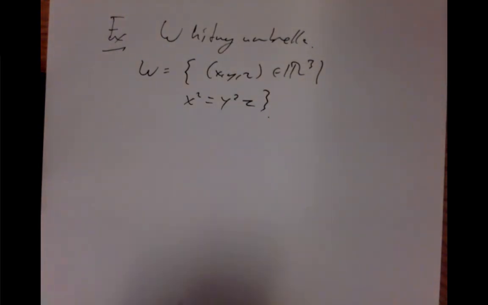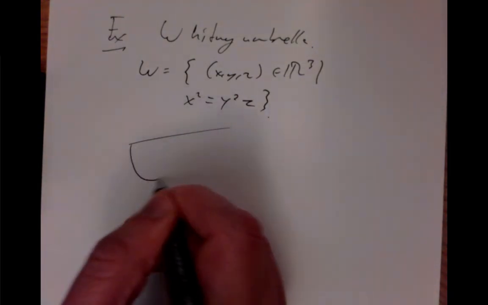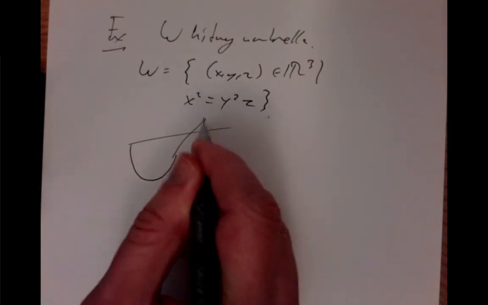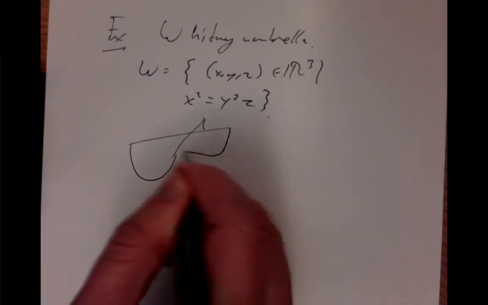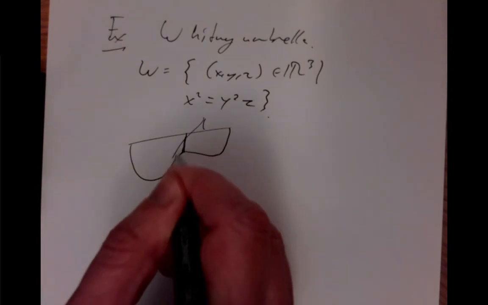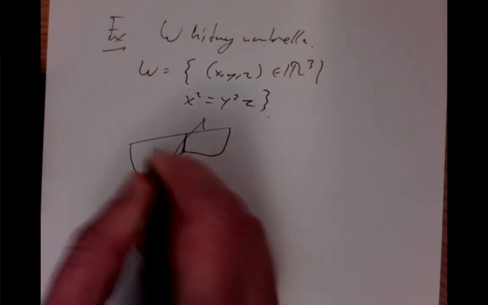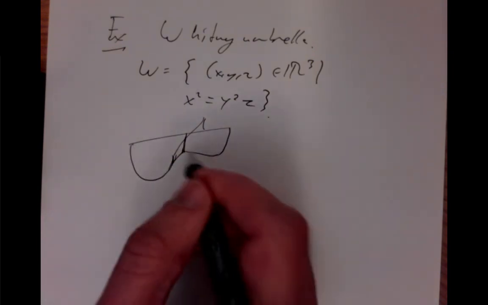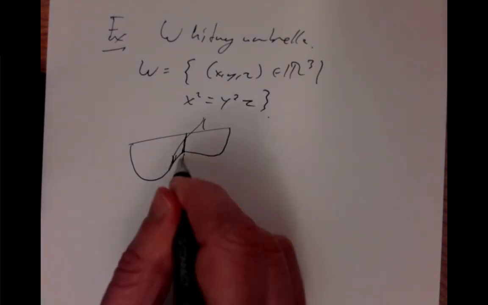And it's a strange object to look at. It looks something like this. Not a very good picture, but it has a sort of vertical strip along there, and then it has a line through it as well.